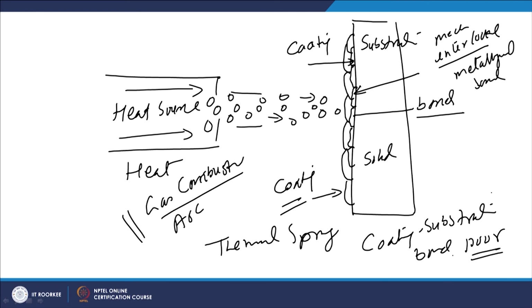In those processes where melting of the substrate takes place, like plasma transferred arc spraying, the heat applied is so high that it leads to melting of a thin layer of the substrate, and in those cases the bonding between the coating and the substrate becomes extremely good because of the presence of a very good metallurgical bond. So, this is one aspect.